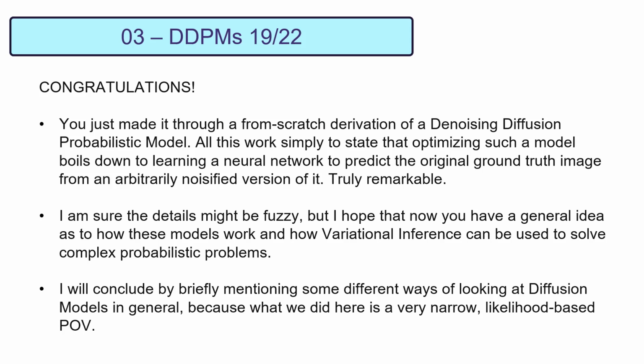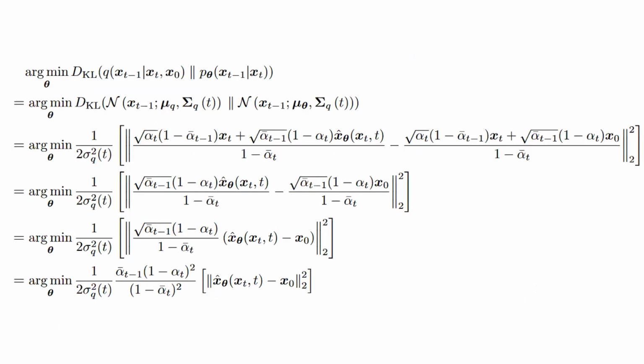And I'll just conclude by briefly mentioning some ways of looking at diffusion models in general, because we just saw probably the most narrow way of looking at them, as likelihood-based models. The first thing I want to mention is that in practice, this objective is kind of modified.